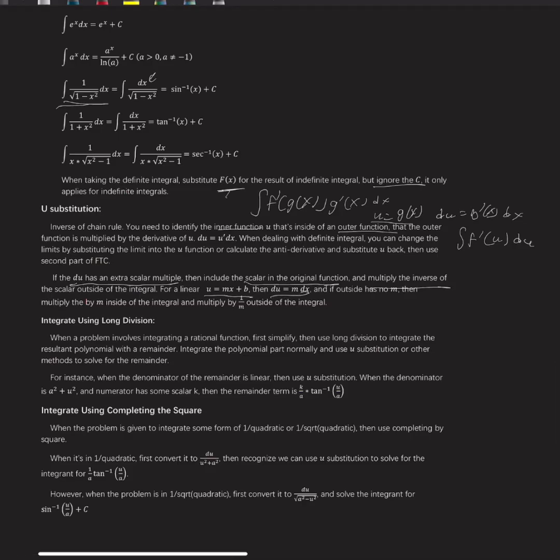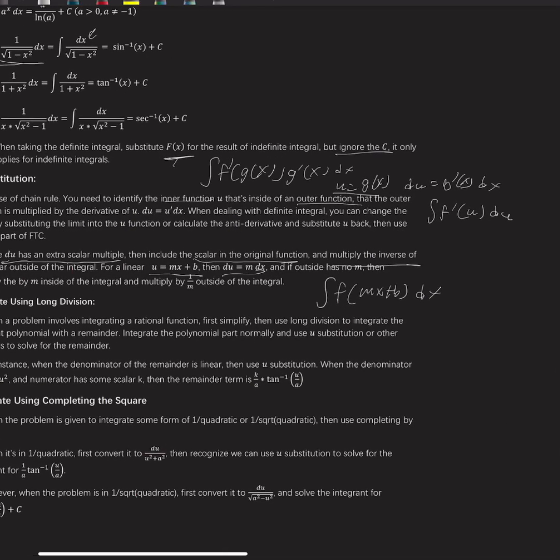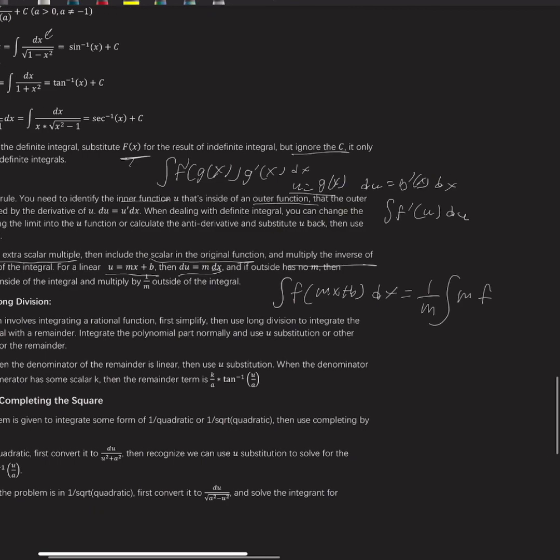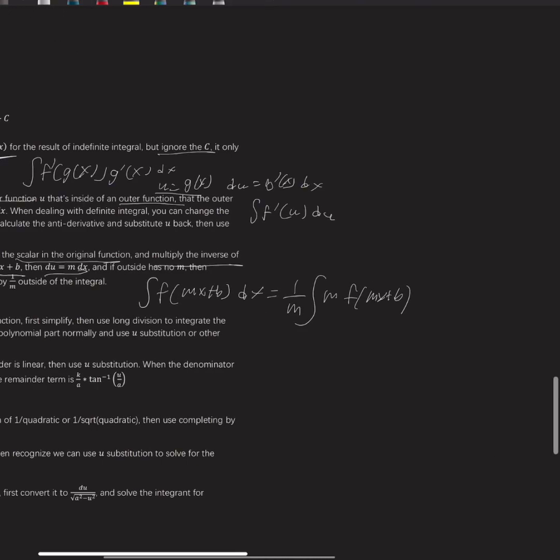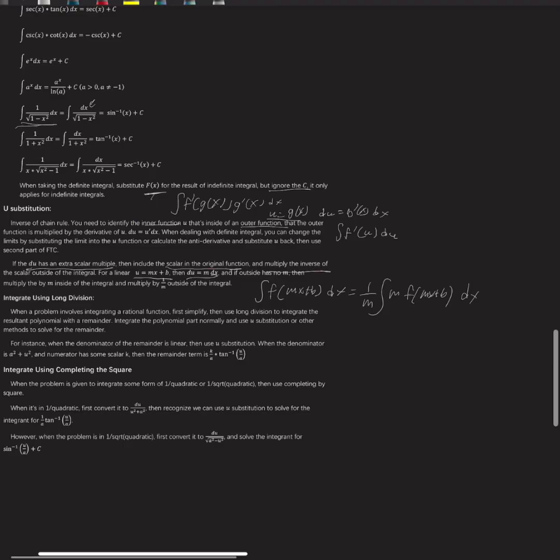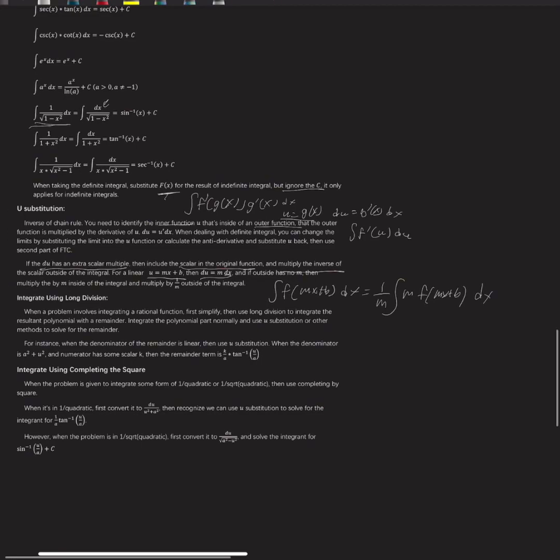But sometimes, if you have some function f of mx plus b dx, you don't have an m outside. What you do is multiply by 1 over m times m of f of mx plus b dx. Now you can do the u substitution.